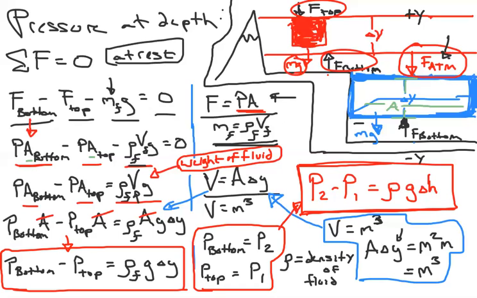And that's typically how you see this equation written: P2 minus P1 is equal to the density of the fluid, gravity, and delta H, which is your depth, how deep you are in the fluid, where at the top the initial height would be 0, and then your final height would be any depth that you're at in the fluid. And this equation is also known as the gauge pressure equation, which we'll talk about here in a second.